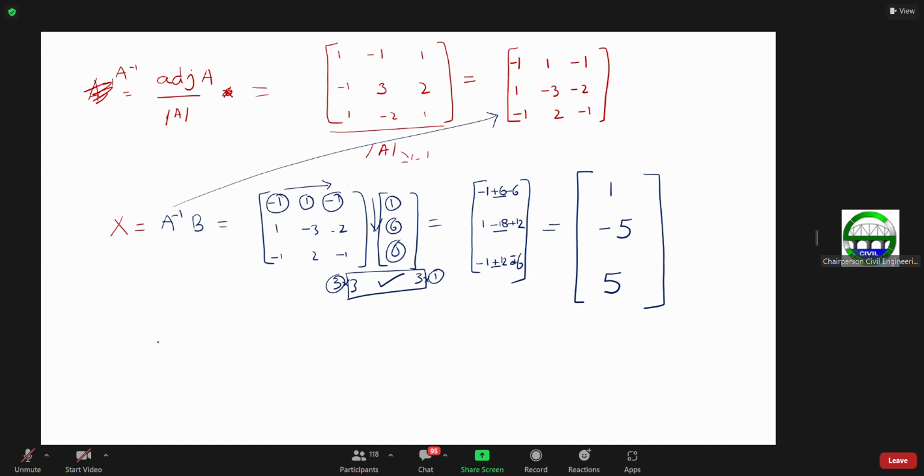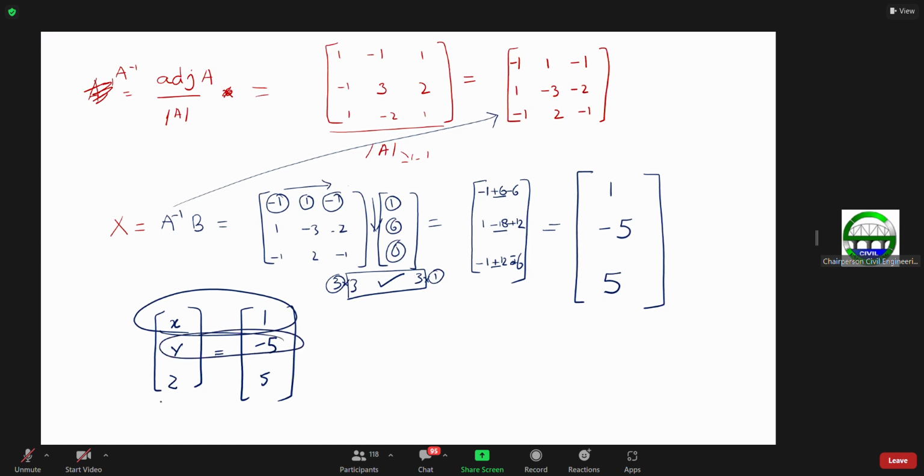right? So X was equal to X, Y and Z, which is now equal to 1, minus 5 and 5. So X is equal to 1, Y is equal to minus 5 and Z is equal to 5. This is your solution.